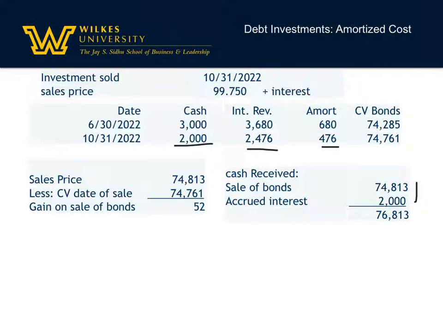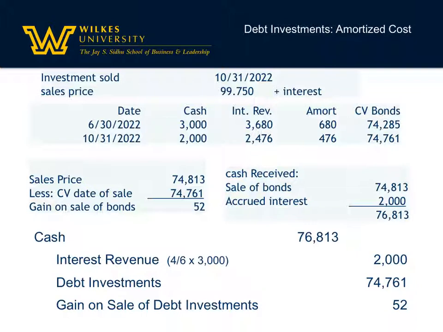$76,813. Now, we're only going to record the accrued interest here of the $2,000, because like I said, we've already recorded the $476. So we're going to record the cash of $76,813, the interest of $2,000. We're going to take the bond off the books at the carrying value of $74,761 and record the gain on the sale. So here's how everything comes out in the entry. Our cash is recorded here as a debit.